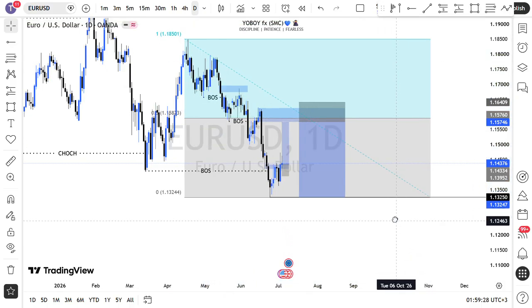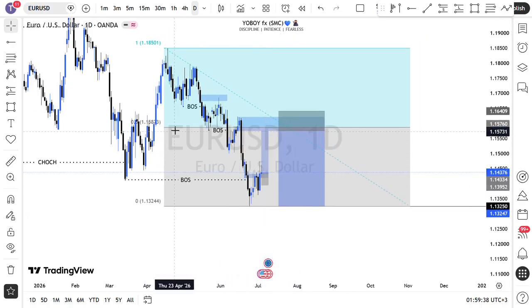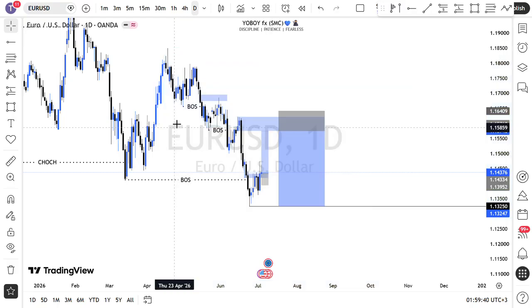So currently right now, I expect price to be coming back into a 50% level because we already have a break of structure to the downside. Because of that, I need to look for some short-term buys from this low into this area, the 50% level, and then we look to sell to the downside.